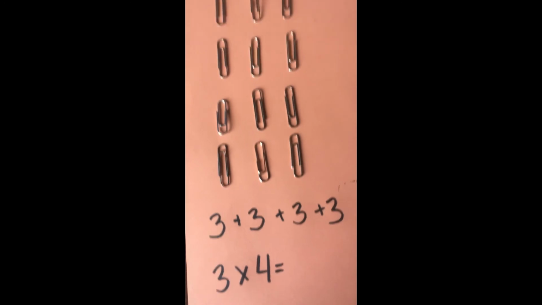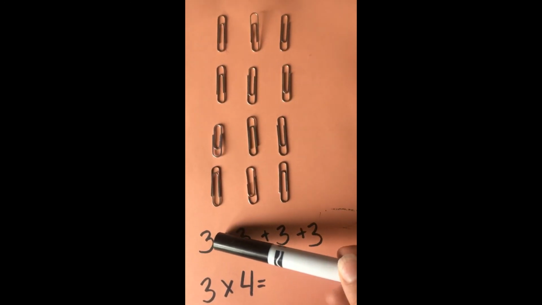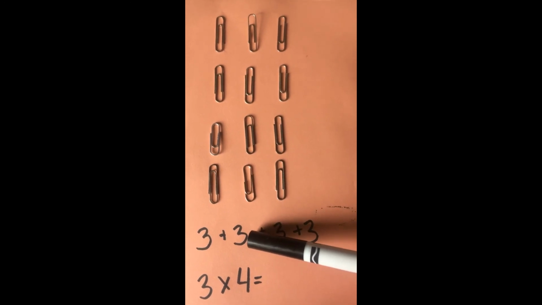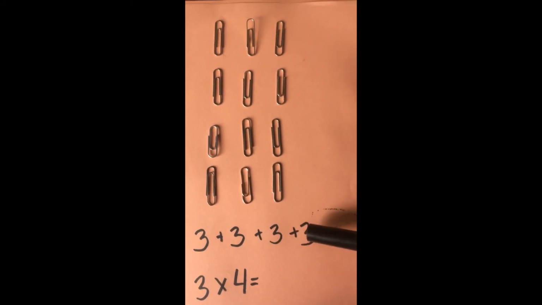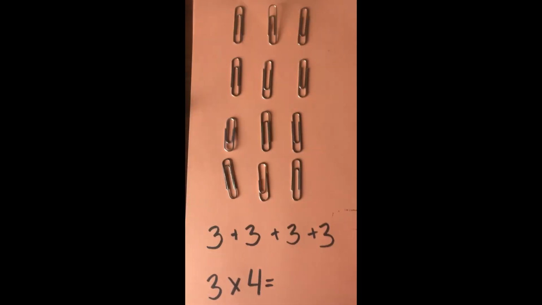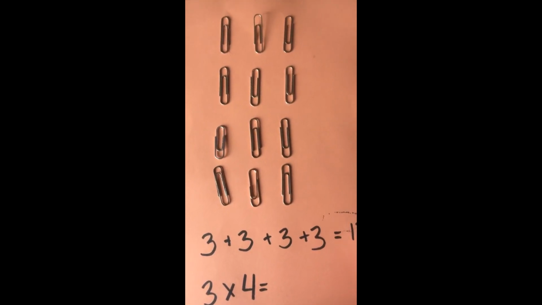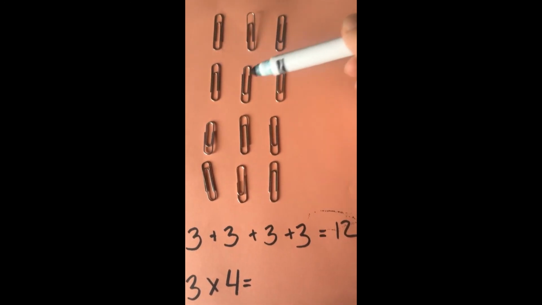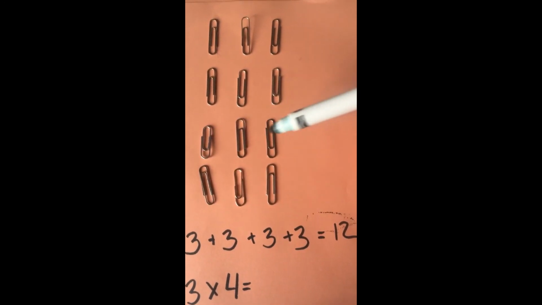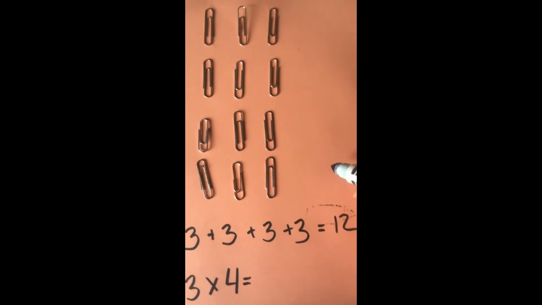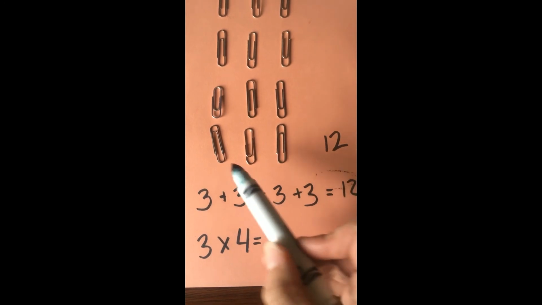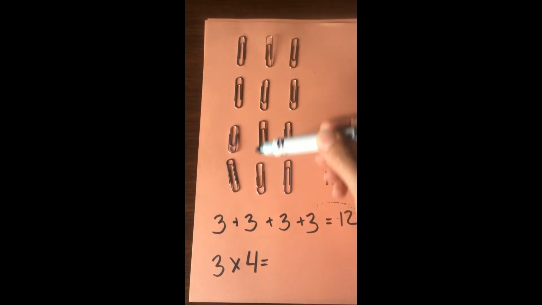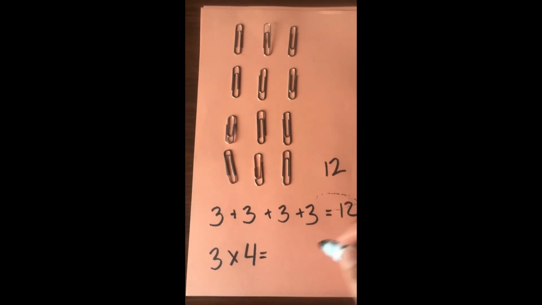So let's add these all together and then we'll count them all out. 1, 2, 3, 4, 5, 6, 7, 8, 9, 10, 11, 12. Now let's see if this matches up with our array. 1, 2, 3, 4, 5, 6, 7, 8, 9, 10, 11, 12. Yes, there are 12 paper clips. So we know that 3 times 4 equals 12.